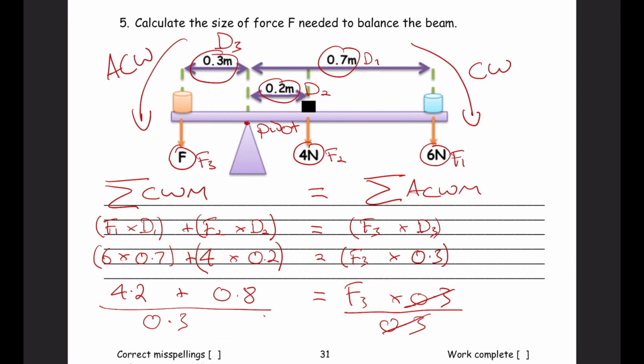Excuse the pun. This means that 4.2 plus 0.8 all divided by 0.3 must equal F3. So we'll put that into our calculators to get the answer, which comes out as 16.7 newtons.